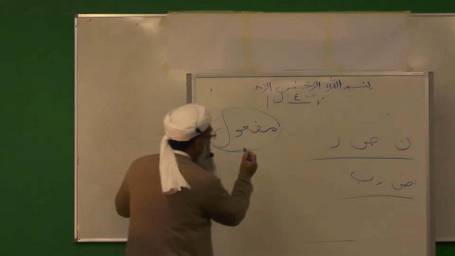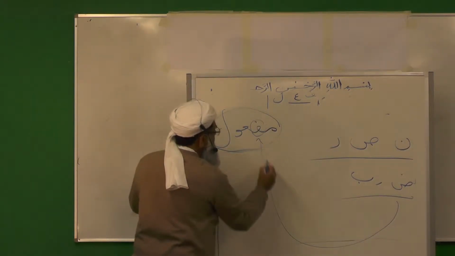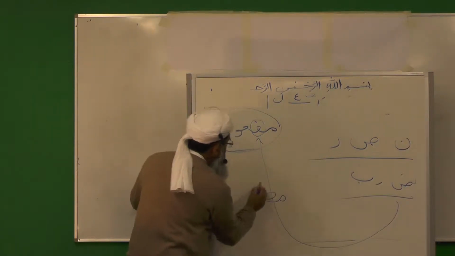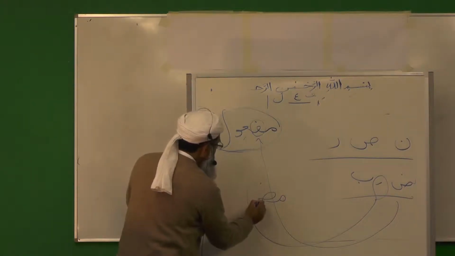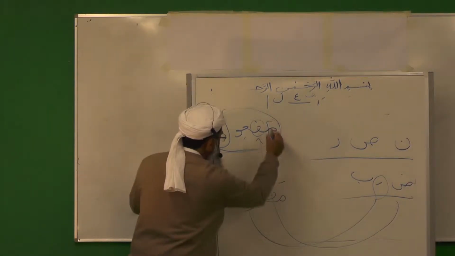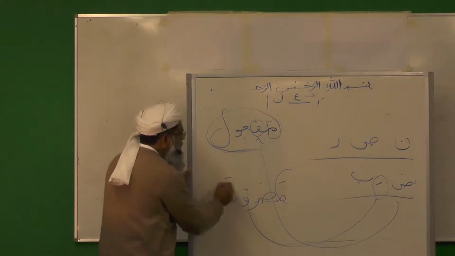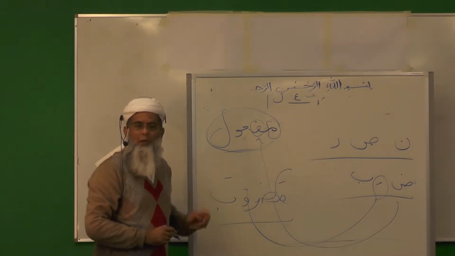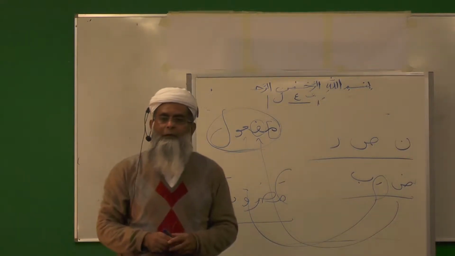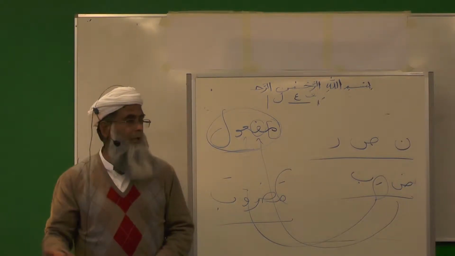So in maf'ul, I will insert dot, ra with ain, mad. The rest stays the same. Waw stays the same, and lam is ba. So madroob is like maf'ul, and the meaning of madroob will be the one who gets the beating, the victim.